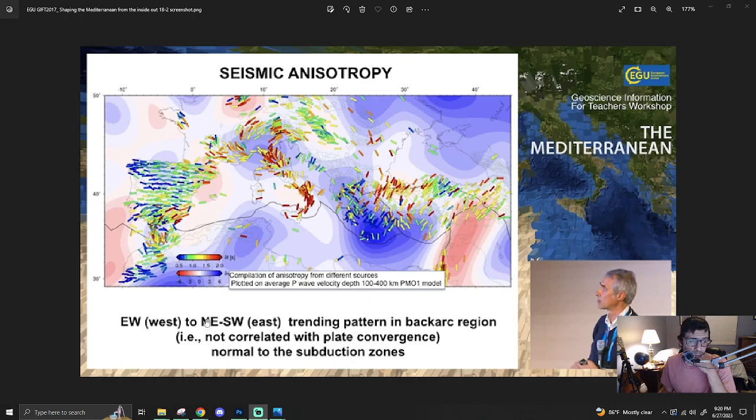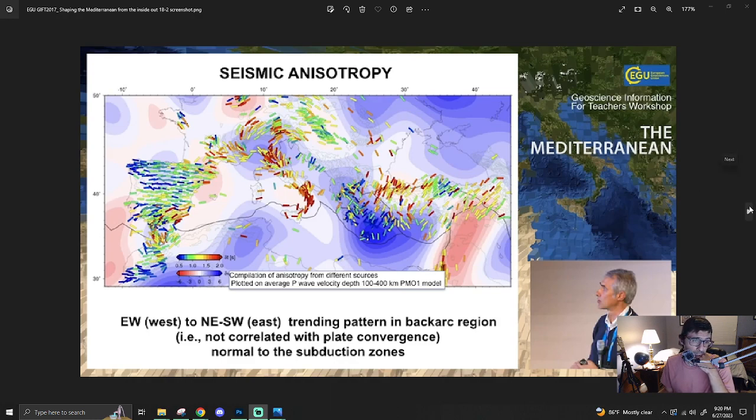East, west to northeast, southwest, trending patterns in back arc region. Not correlated with plate convergence. Not sure what to make of that.